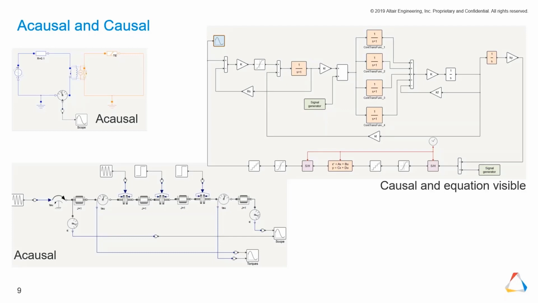On the left hand, we look at the acausal model. Upper left, there's an electric circuit, and there you see there's obviously no direction of information flow given. Each of those components contains an implicit equation, and the flow of information depends on the inner solution of each component. This implicitness makes it possible to set up those component-based models.